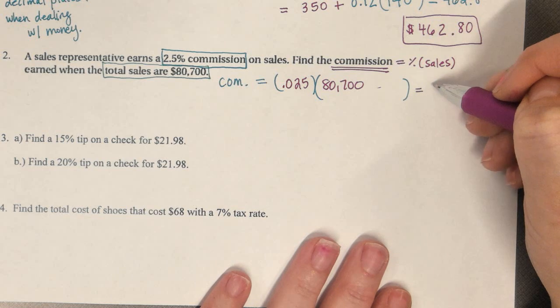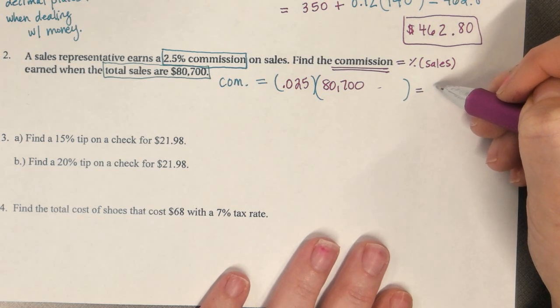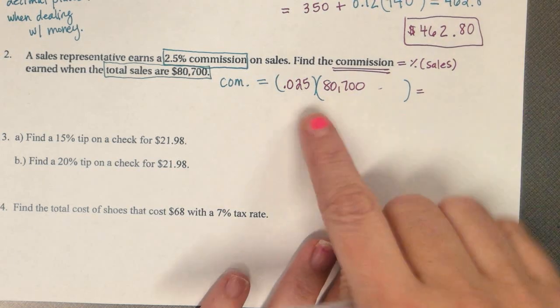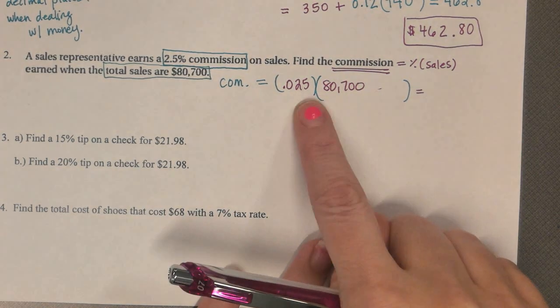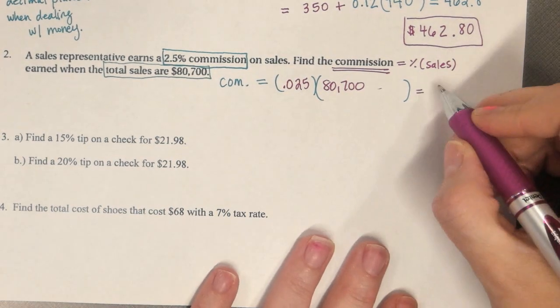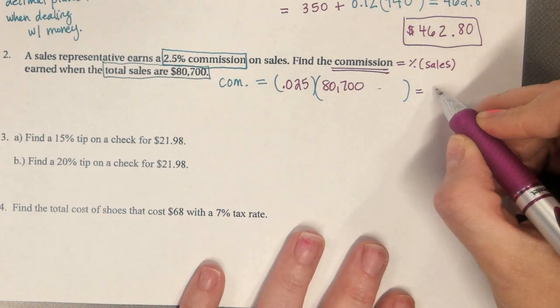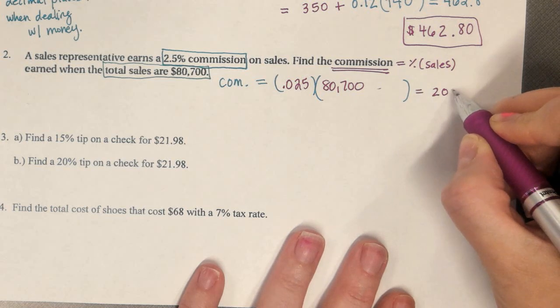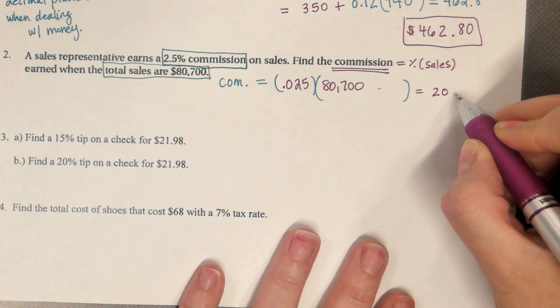Okay, you need to check and make sure you put that in again. Zaira, what'd you get for your number? So 20.